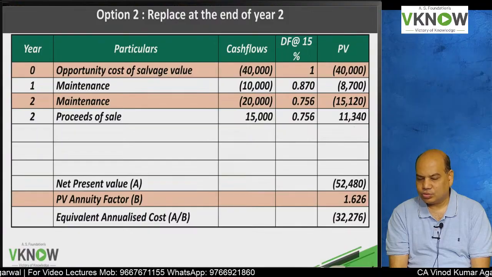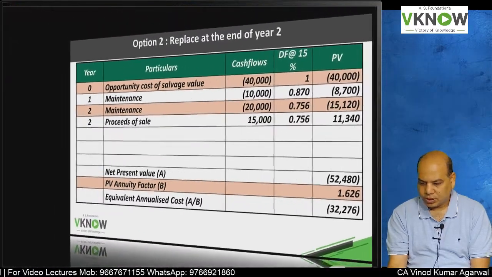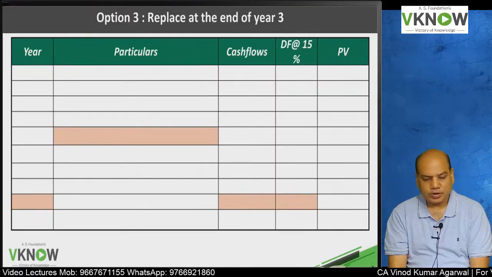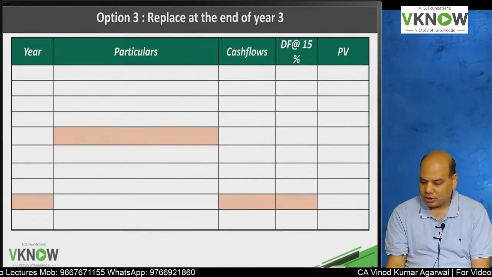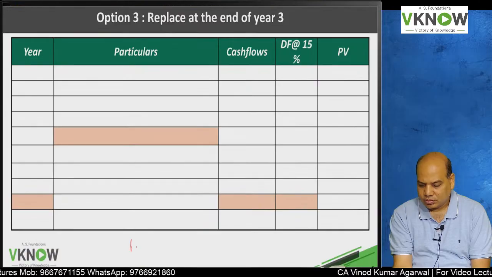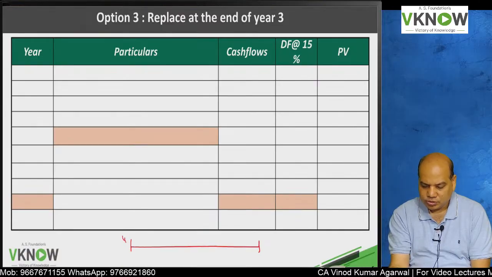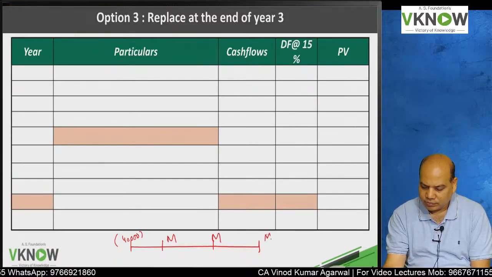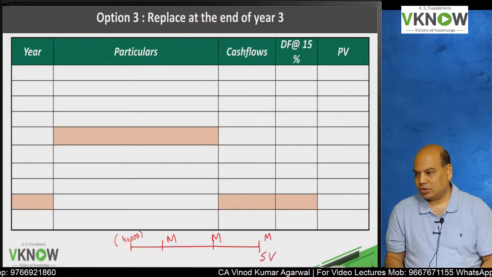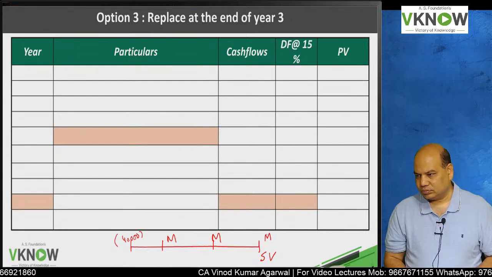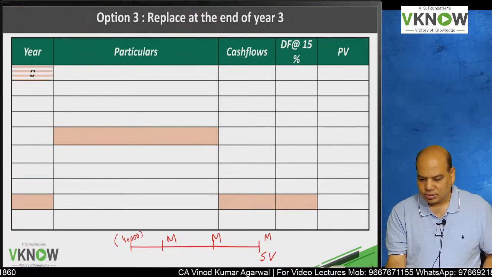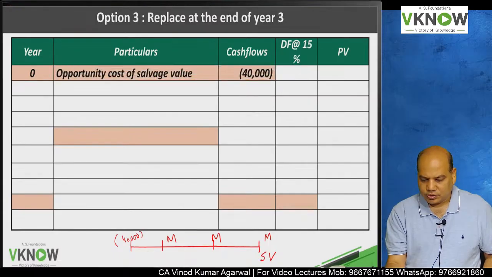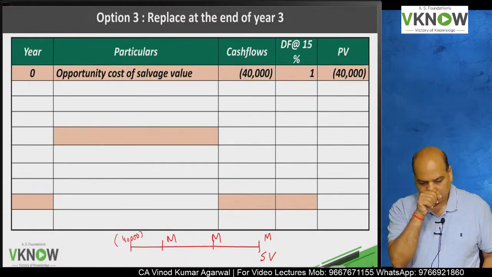Is it right, 32,276? Okay. Now write down replace at the end of year 3. Replace at the end of year 3 means today the opportunity cost is 40,000. You will incur maintenance cost for 3 years, and then in the last year you will get the scrap value also. Right? Right hand side, draw this table. Same process will follow.